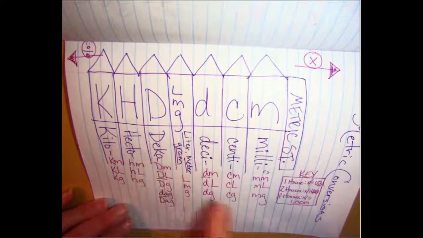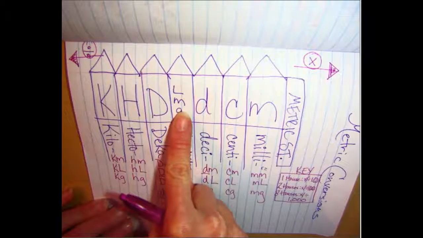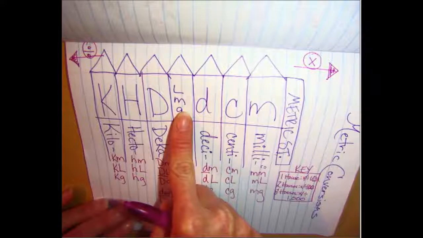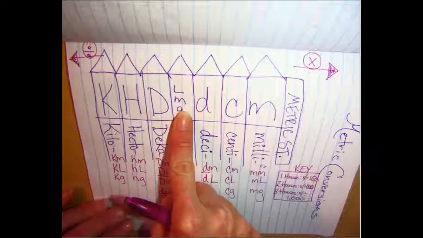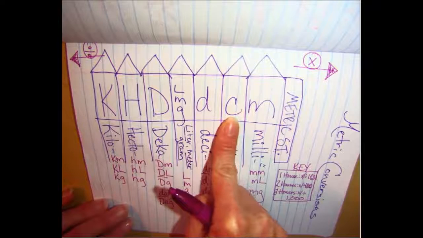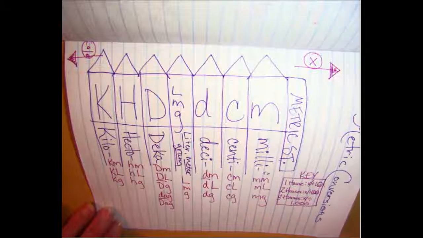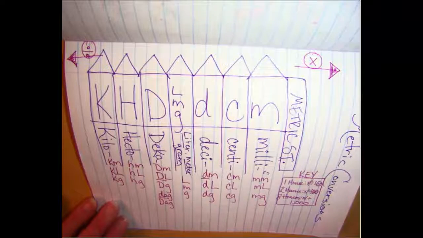So if I go from liter's house to centi's house, am I going to multiply or divide? How many houses do I jump? 2, so I multiply it times 100. Okay? Some of you guys have already practiced this week.